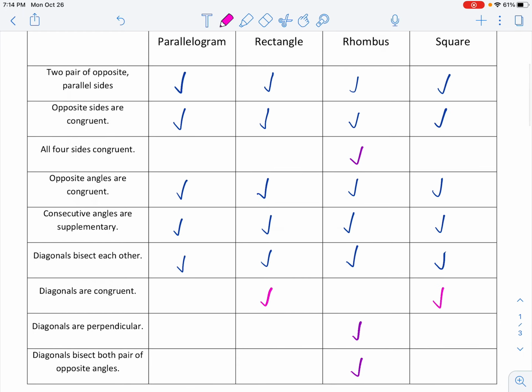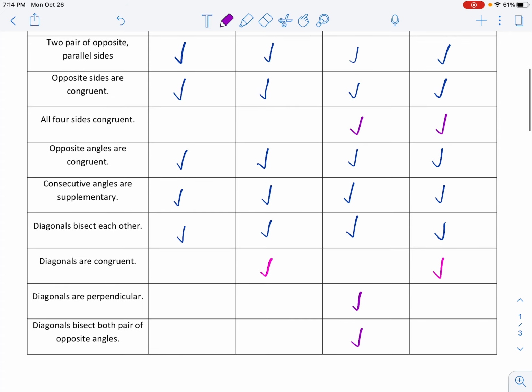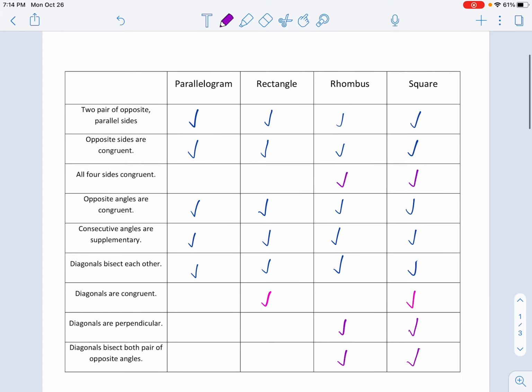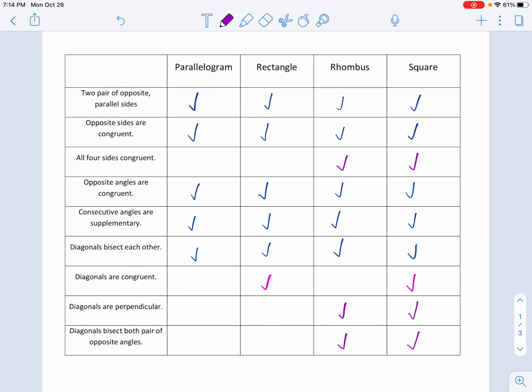Well, as I had mistakenly said before, but is true, a square is also a rhombus. So it has the same purple properties that the rhombus has. And look at that. The square has all of the properties. So there is the properties table for these 4 special quadrilaterals.